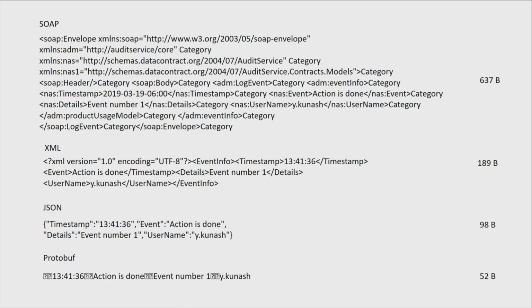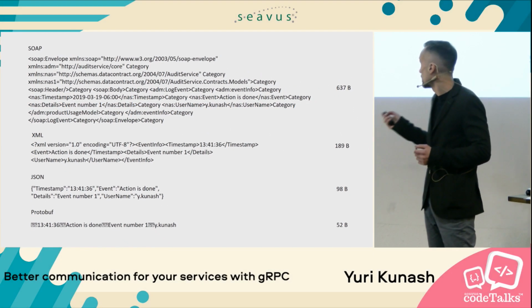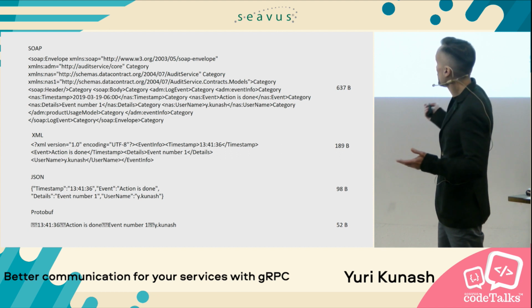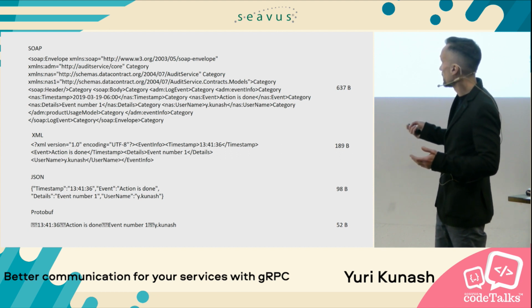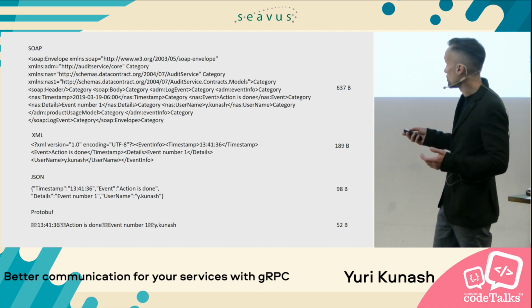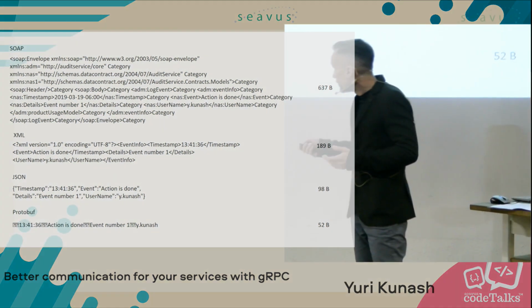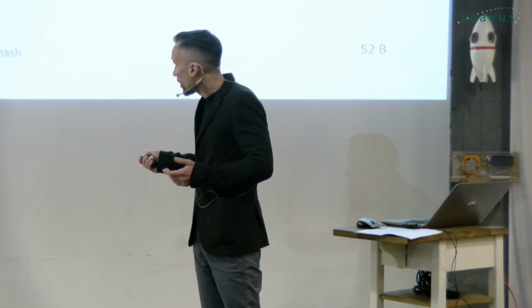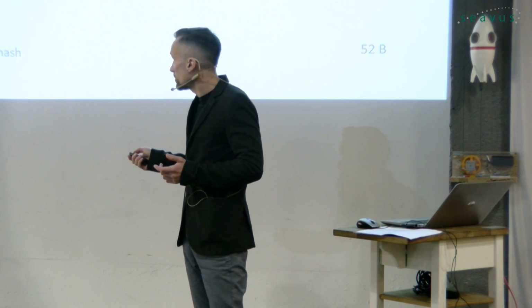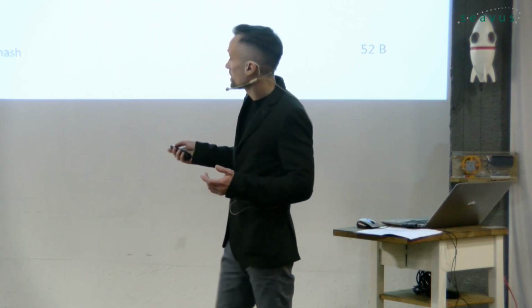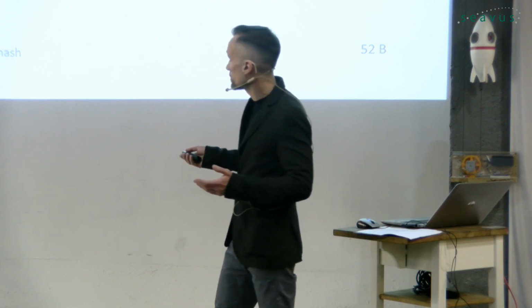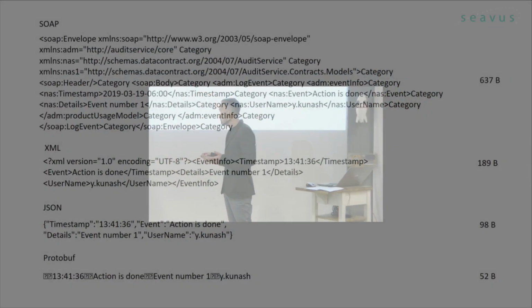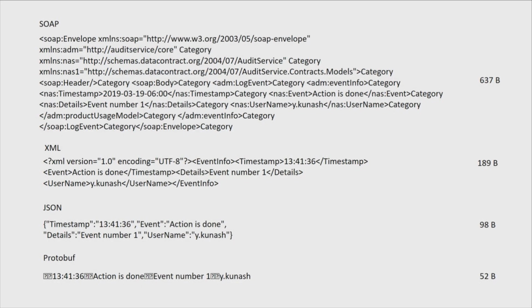You can see that protobuf is more than 2 times smaller than the SOAP message, 4 times smaller than plain XML, and even 2 times smaller than JSON. These characters stand out as bytes which are not in the Unicode char set.